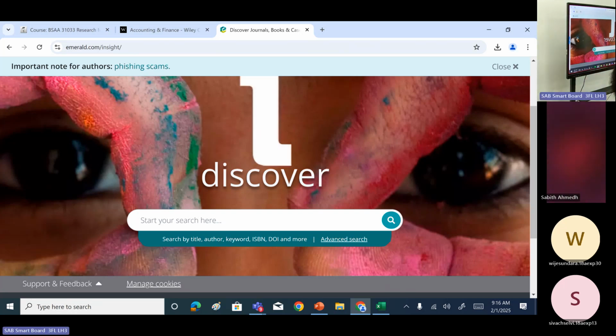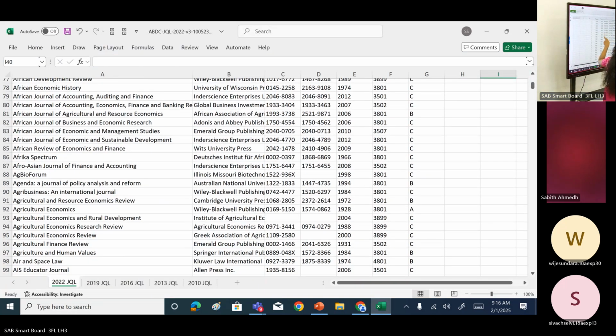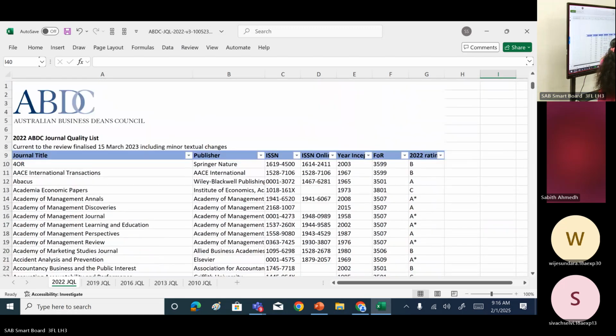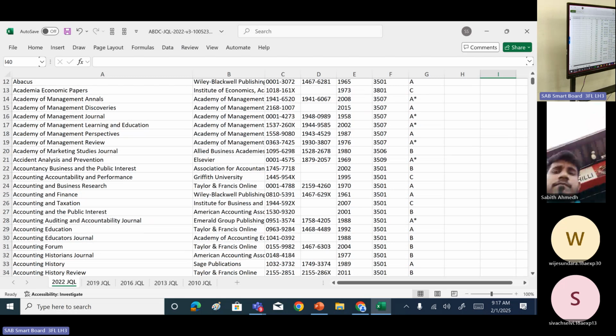The first thing is the journal. Can you see here? Publisher. In our Sri Lankan context, who are the publishers? Sarasavi, Godage. They publish books to outsiders or readers.